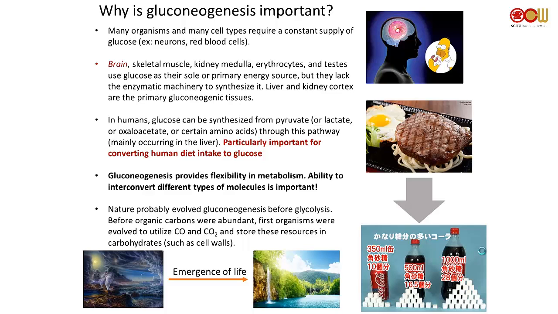We did, okay? So that's probably the evolutionary route for converting simple molecules like carbon monoxide and CO2 into something like carbohydrates, okay? And then gradually, when you have a lot of carbohydrates on Earth, some other organism somewhere is going to evolve to use it, okay?